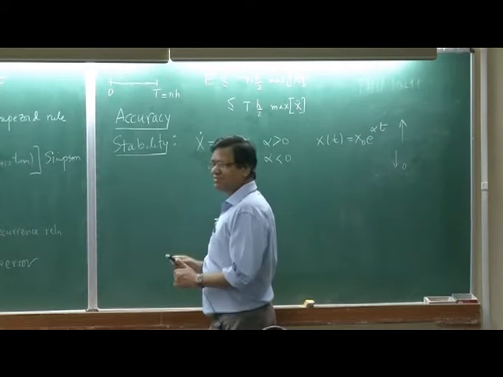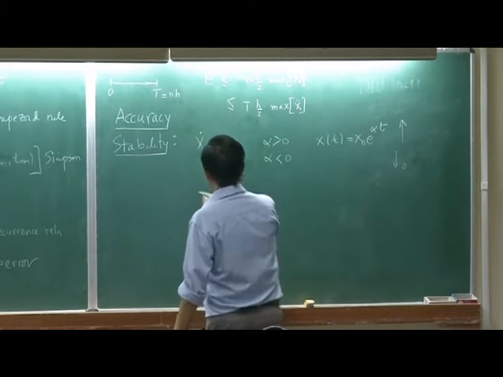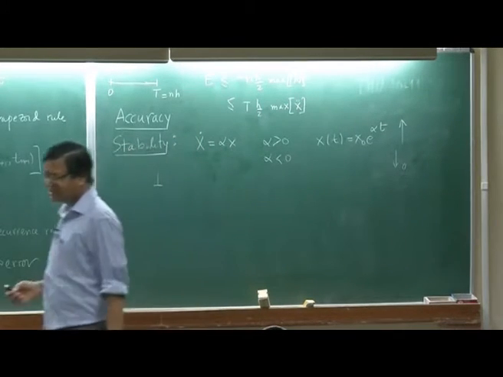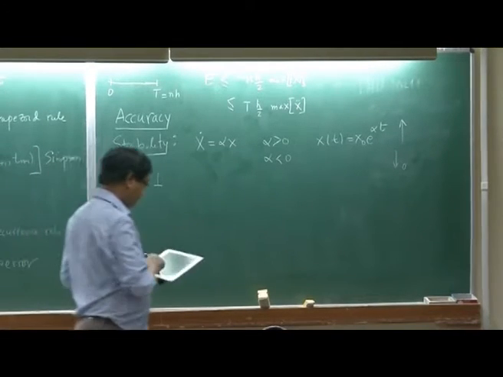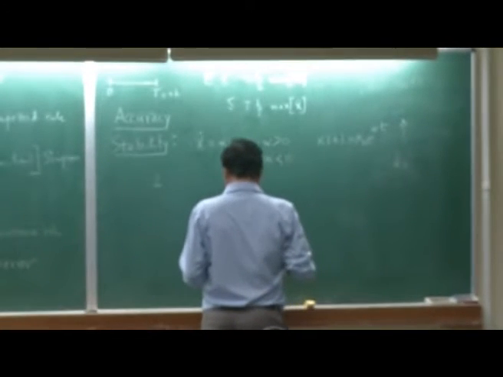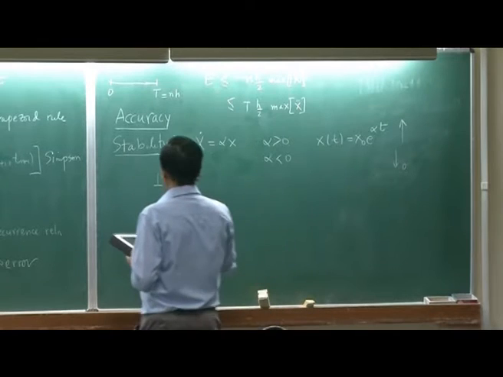So what is unstable for a computer scheme? Let me just write it down.